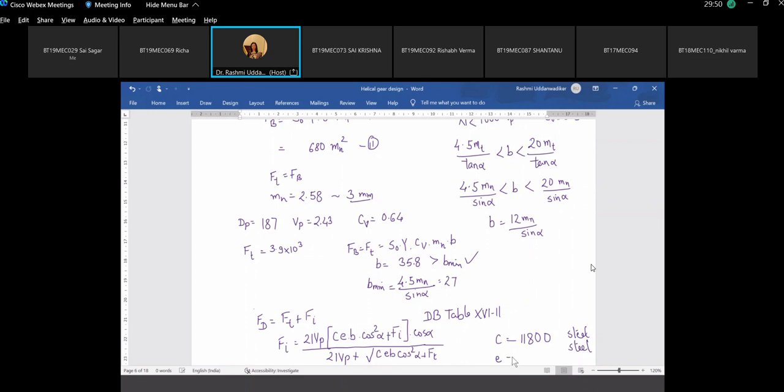Error. What is the value of velocity that we obtained? 2.43, which lies in the commercially cut gear class 1.